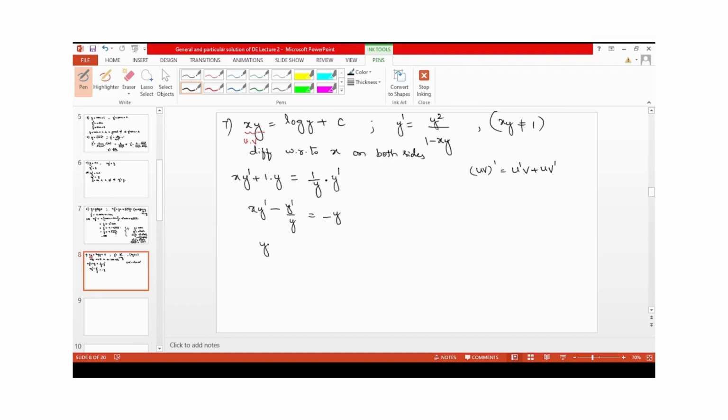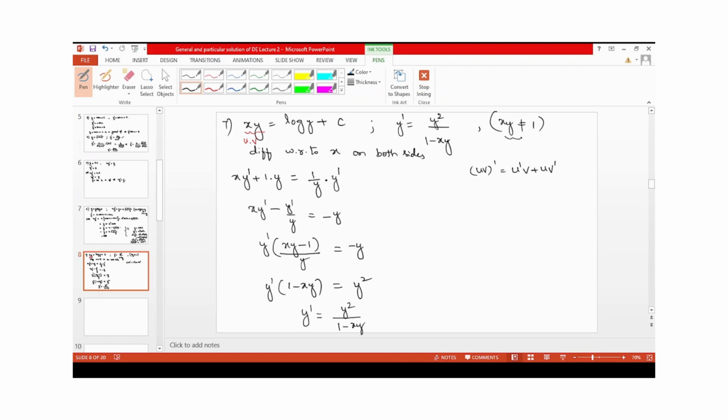So when we take y dash common here, (xy minus 1) divided by y equal to minus y, or y dash into (1 minus xy) equal to y square. What I did here, at this particular place I took minus common so that the minus will be cancelled out on both sides. So that's why I have written 1 minus xy here, and just positive y square. And therefore y dash is what? y square by 1 minus xy.